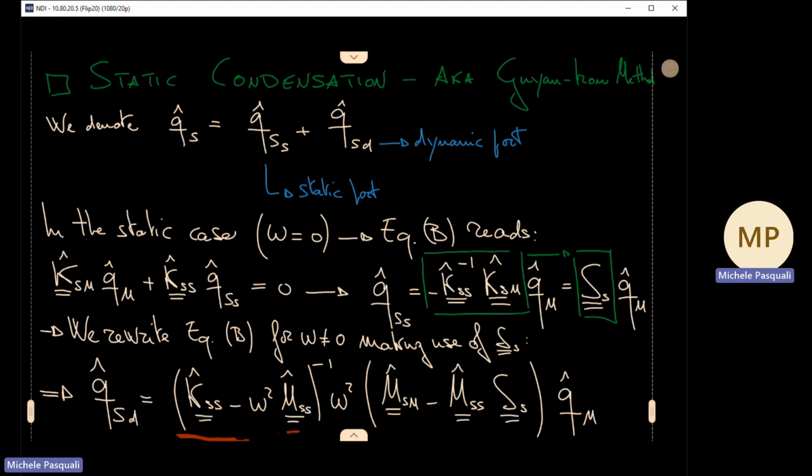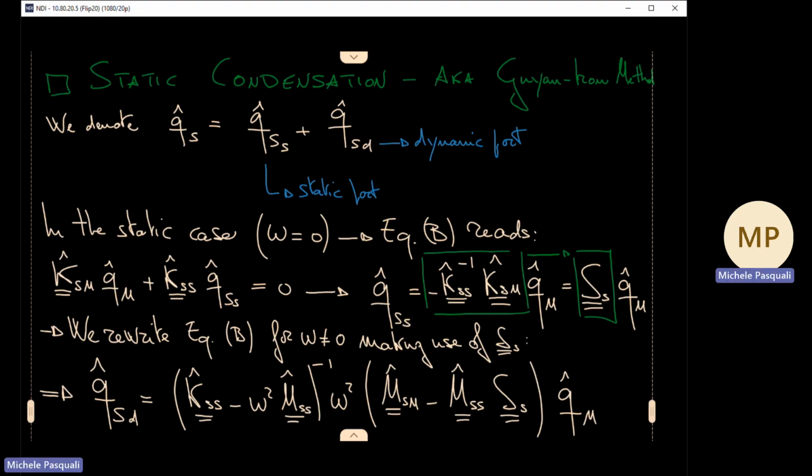So assume that the first term is very small means that the part between round brackets is very large. But the part between brackets is the eigenproblem of the slave part of your system. So it means that you can use the Guyan-Irons method and therefore consider the dynamic part of the slave nodes as 0 when the dynamics of the slave nodes has frequencies which are much larger than the bandwidth that you are interested in.